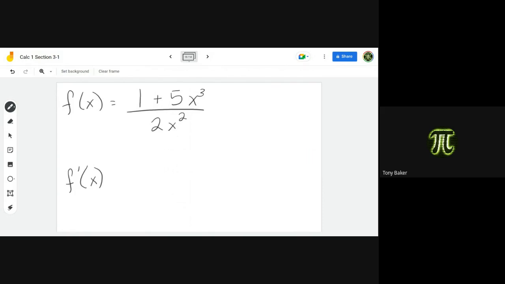If the addition's on the top, I can split this up like this. So this becomes 1/2 x to the negative second plus 5/2 x.